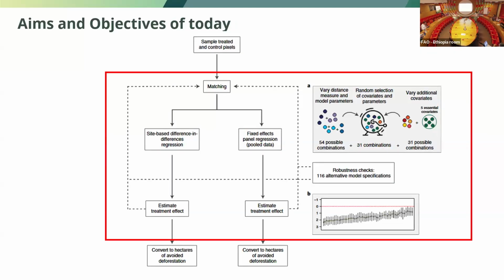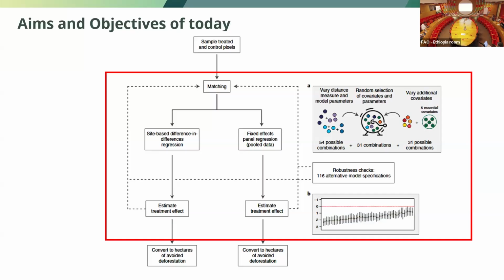So today, because we're time limited, we can't replicate the whole GIE workflow. So we're just going to focus on the impact evaluation part. We're going to do the matching, the site-based differences. So I did the DIDs individually for each site because I only had 4 sites. But then I also did a fixed effects panel regression, combining the data for all sites.